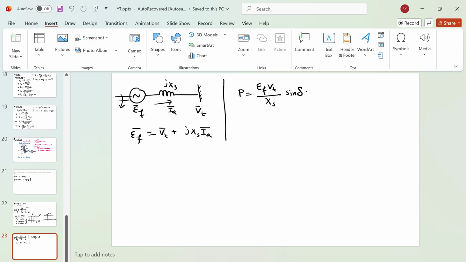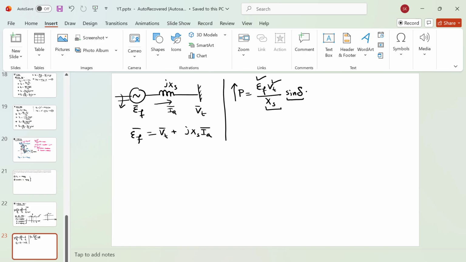Now if you are increasing the input power from the shaft side, from the alternator shaft or prime mover input, your terminal voltage is constant, your XS is constant, and you are also not changing the field excitation. So this is also constant, let's say. So your delta needs to be increased, right? Your delta needs to be increased to pump the increment of active power to the grid.